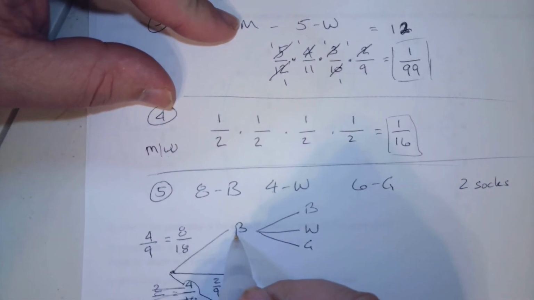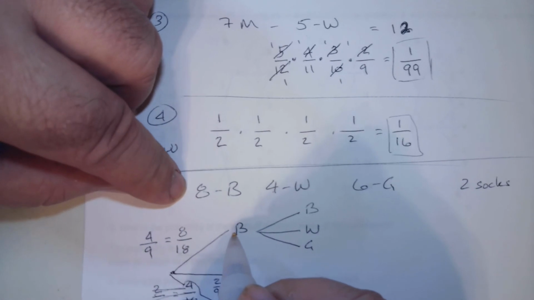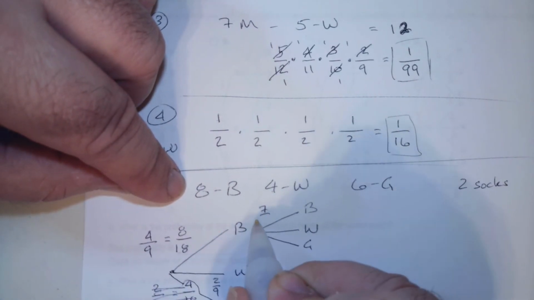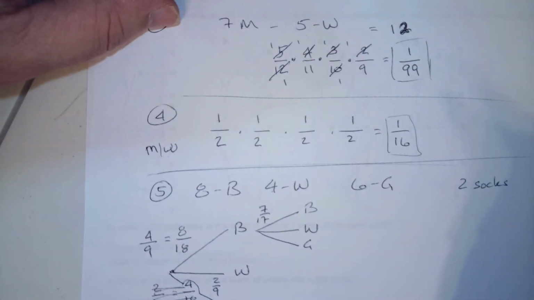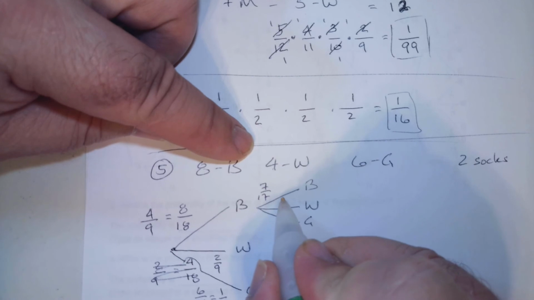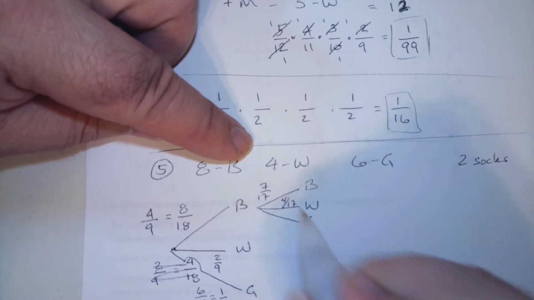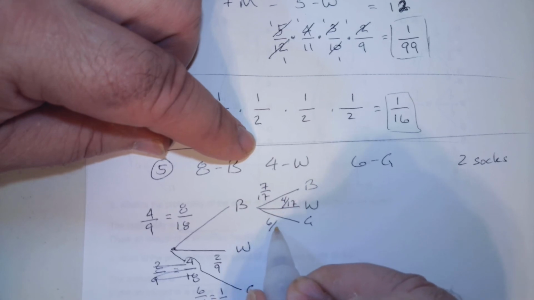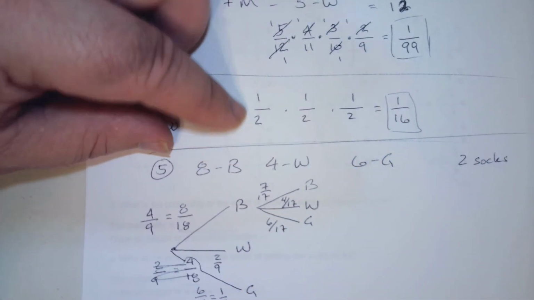If you drew a blue sock, that means you have one less. So now you only have 7 of them, and instead of 18, you only have 17 socks left. You still have all 4 white socks, but there's only 17 left in the drawer. And you still have 6 gray socks, and there's 17 left in the drawer.